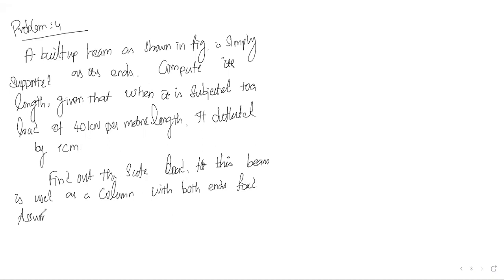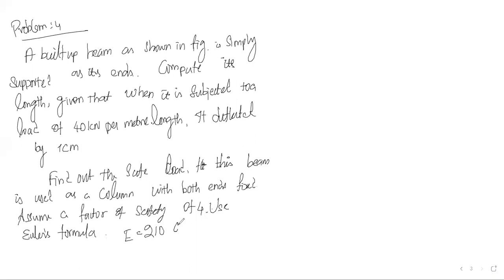Assume a factor of safety of 4. Use Euler's formula. E is equal to 210 giganewton per meter square.